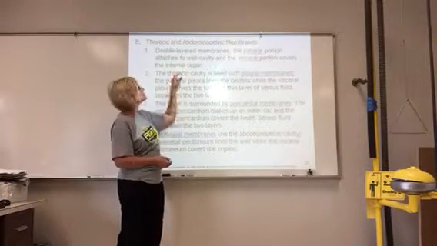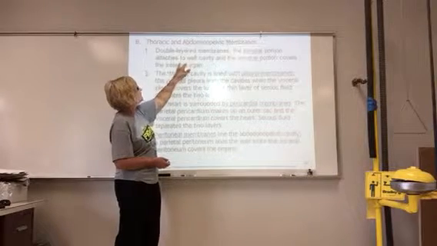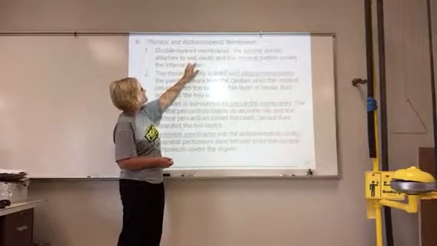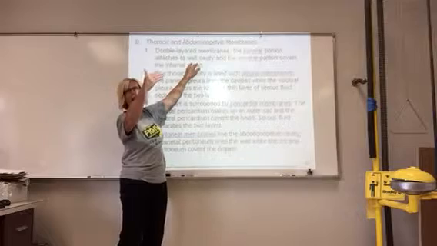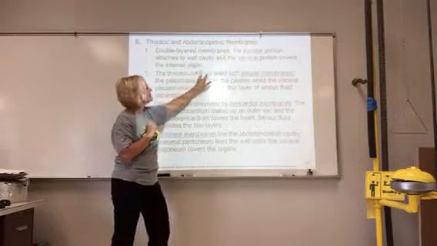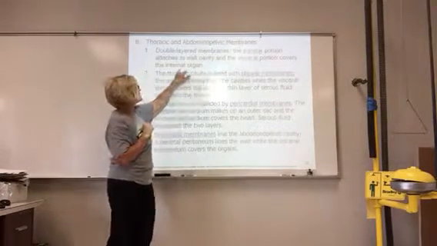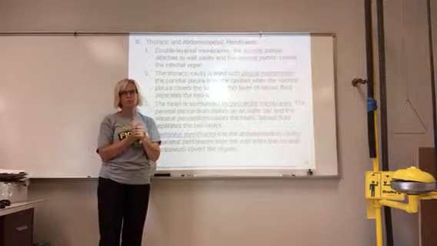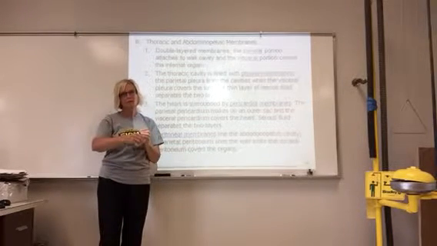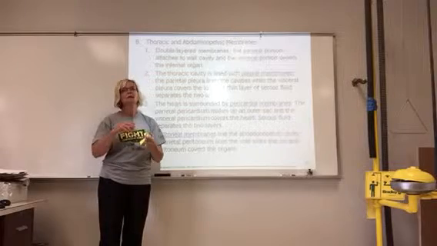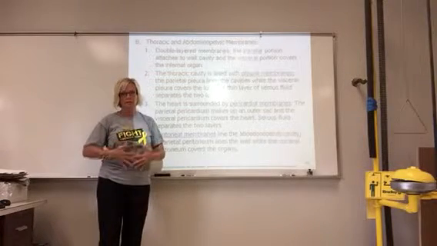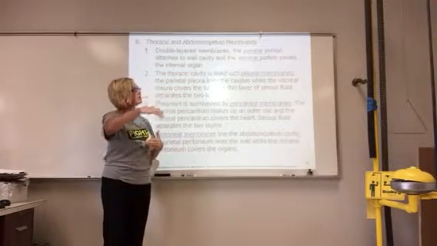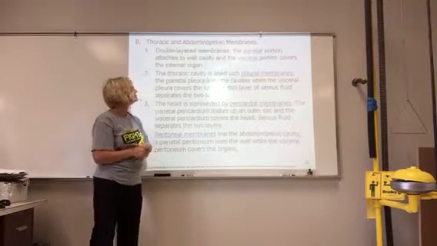Parietal attaches to a wall of the cavity, so parietal is going to be on the outside. Visceral attaches directly to the organ. And I'll go to a diagram shortly so you can see that. Visceral, organ, right on the organ. Parietal is going to be outside.